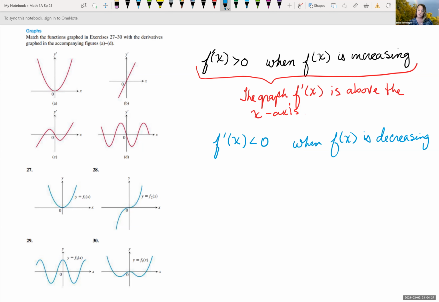And so if the value of our derivative is less than 0, this tells me that where my function is decreasing, the derivative function has to be below the x-axis. So the graph of f prime of x is below the x-axis.